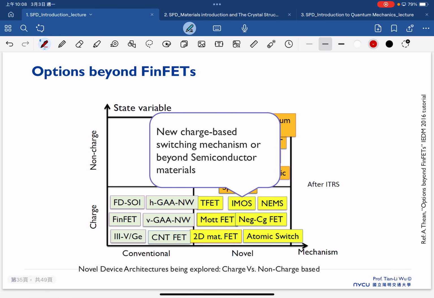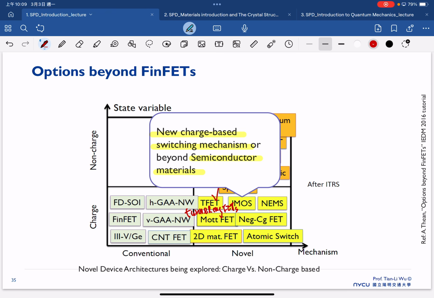And the second part is that there are some transistor technologies based on a new charge-based switching mechanism, or using some beyond-semiconductor materials here. For example, one of the very famous ones we call the TFET, which is a tunneling FET. So it's based on the tunneling mechanism.